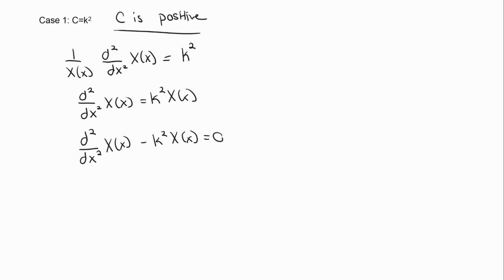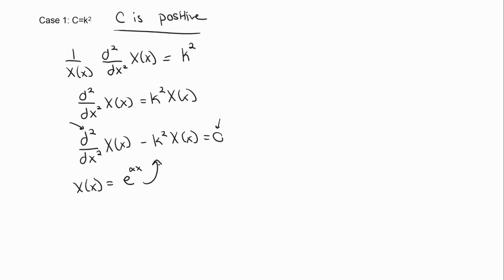An easy way to solve for this is that when we have a homogeneous equation equal to 0 with a second derivative, we use a trial function where our function of x is equal to e to the alpha x. And we're going to be trying to solve for alpha here.